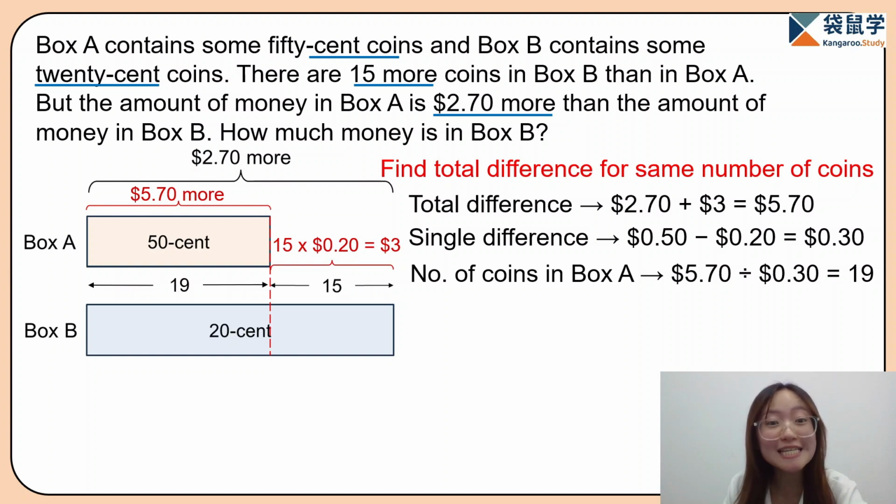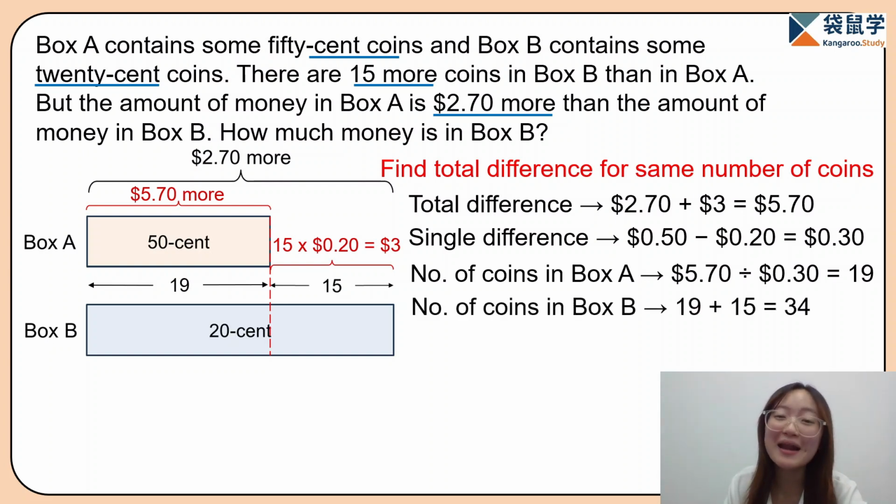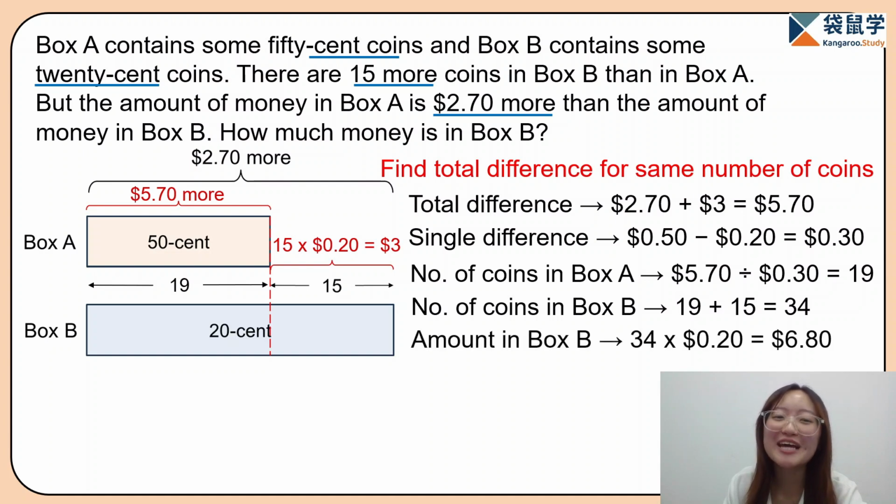Now the question is asking, how much money is in box B? We first need to find how many coins are in box B. So how can we find this? We can just take 19 plus 15, which gives us 34. And now, how can we find the amount in B? We can multiply by 20 cents and that gives us our answer of $6.80.